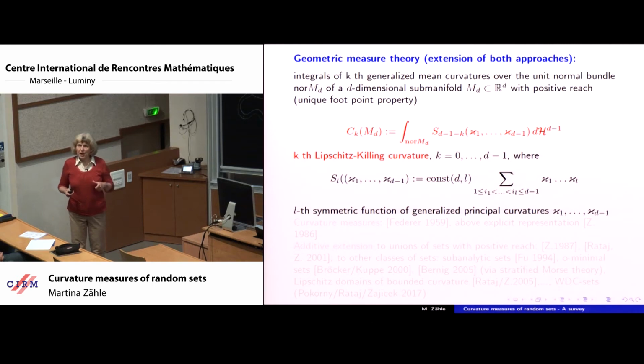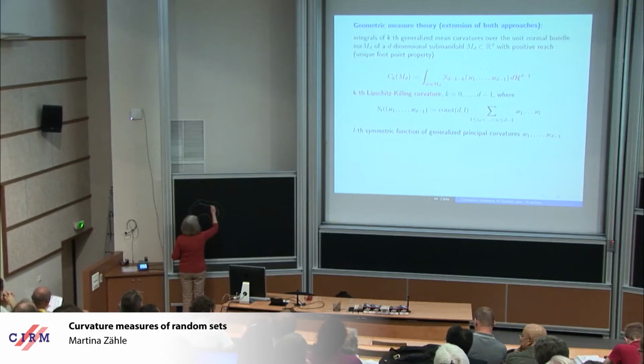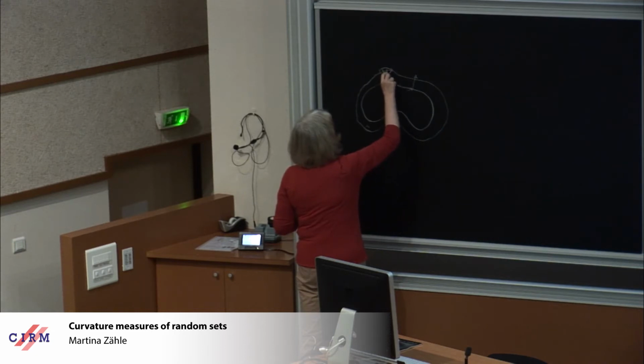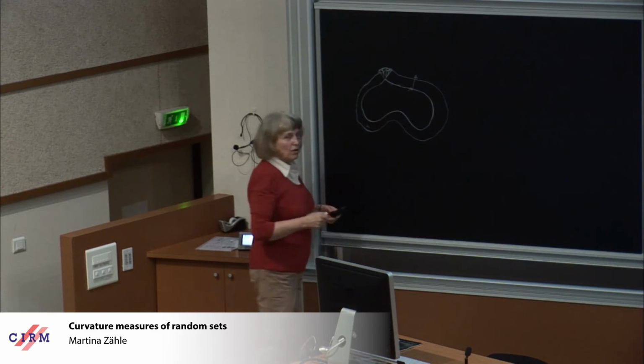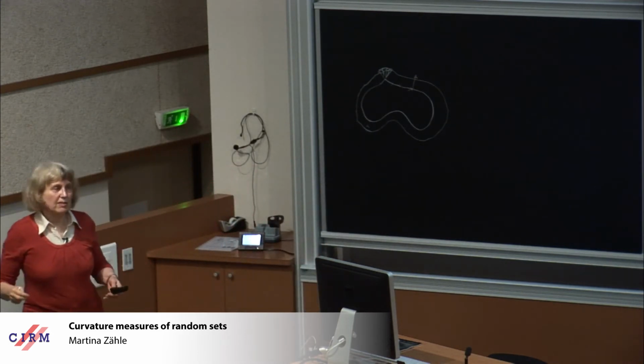You consider pairs of points from the set and associated normals. At a smooth boundary point, you have a unique unit normal. But at other points, you have a whole bunch, a normal cone. All these normals belong to the normal cone, and you take all these pairs, and this is the unit normal bundle.